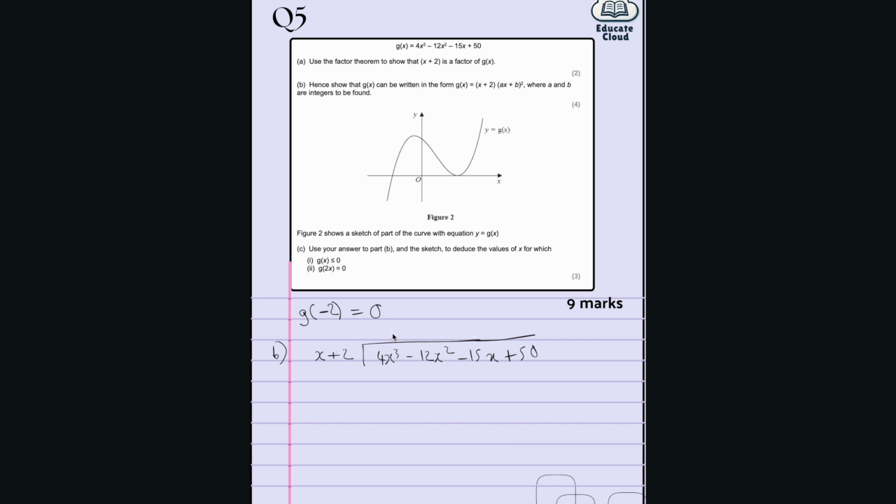So that's going to be 4x squared. So that's going to give us 4x cubed plus 8x squared. Take that away and you get minus 20x squared. So see how many x's fit into that. Well, that's minus 20x. So times that out, you get minus 20x squared minus 40x.